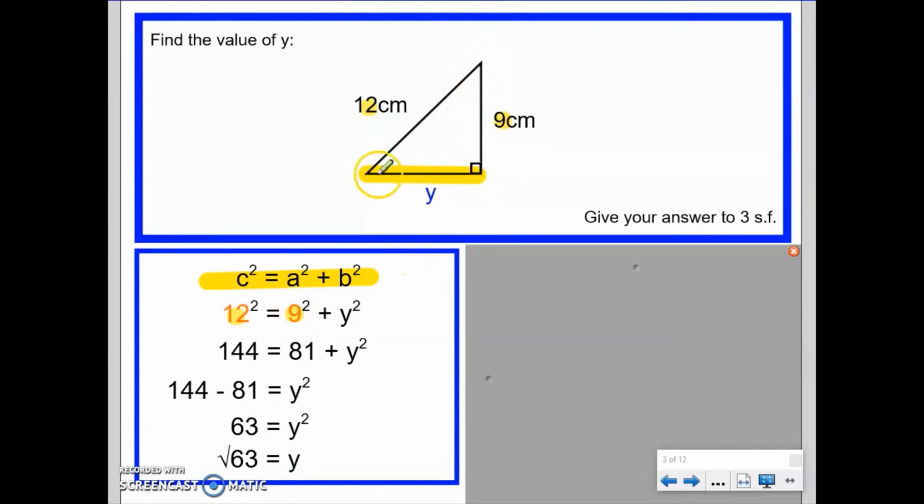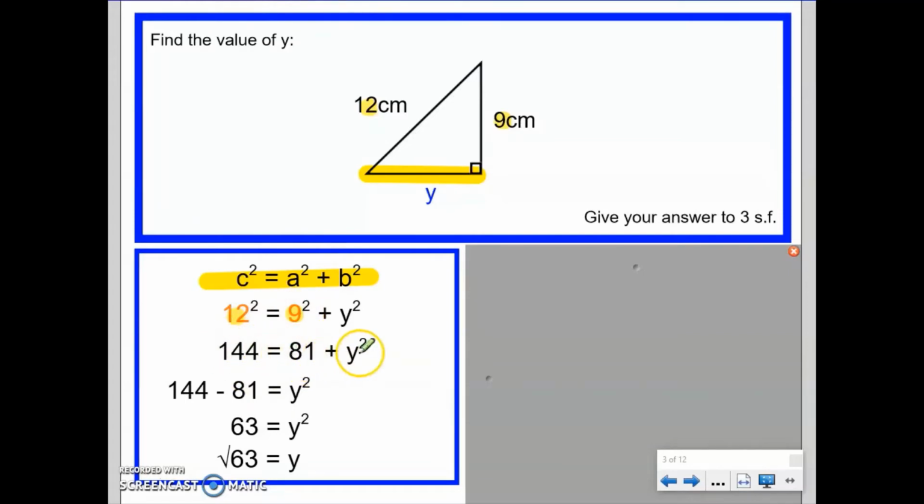And my B value is my unknown, which is Y. So you'll notice a slight difference here, that the values I've substituted in are on different sides of the equal sign. That is always the case when your unknown is one of the shorter sides, when your unknown is either A or B. I square the 12 to get 144, and I square the 9 to get 81.